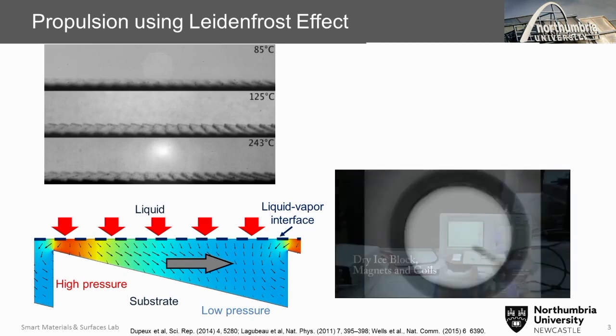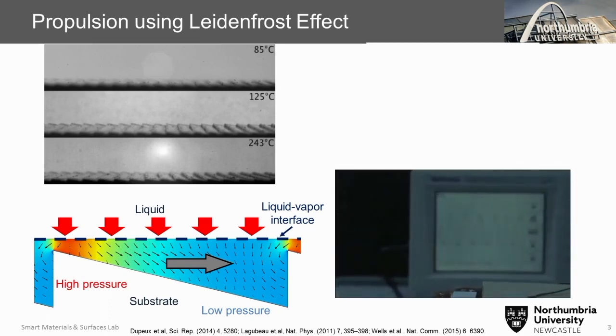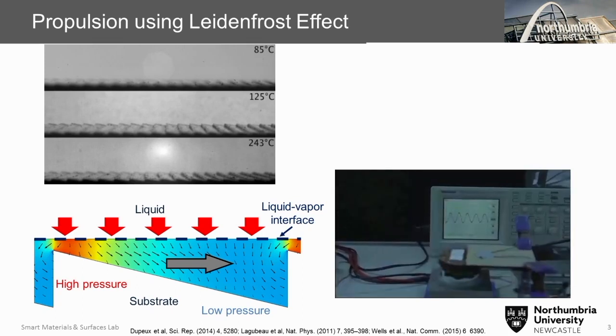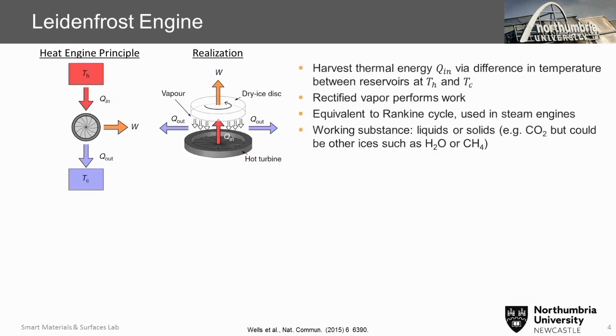Furthermore, if we couple this with an electromagnetic generator, like a coil and a magnet system here, we can actually get a voltage out of this rotation. So these experiments provide a concept of a heat engine based on the Leidenfrost effect, where the energy is harvested based on the temperature difference between the turbine and the ambient surroundings, and the rectified vapor flow on these turbines performs the work.